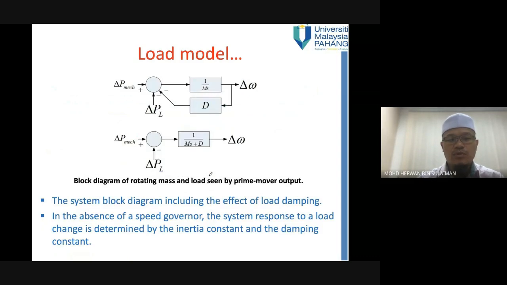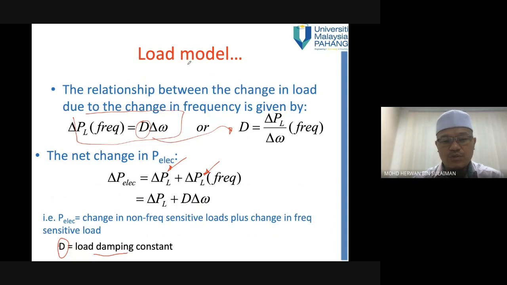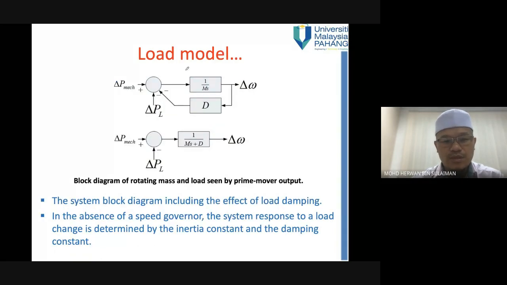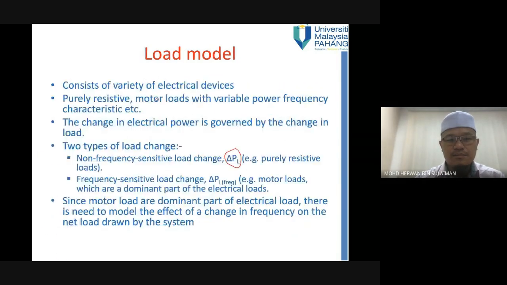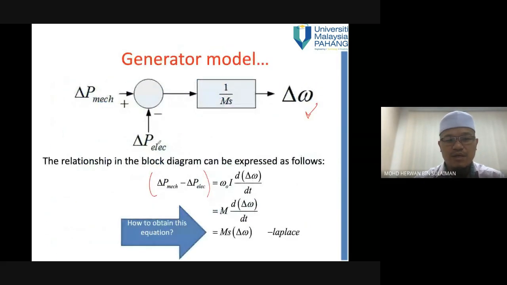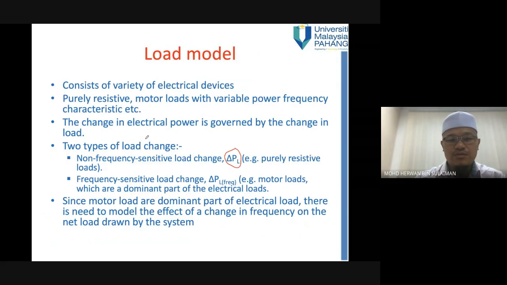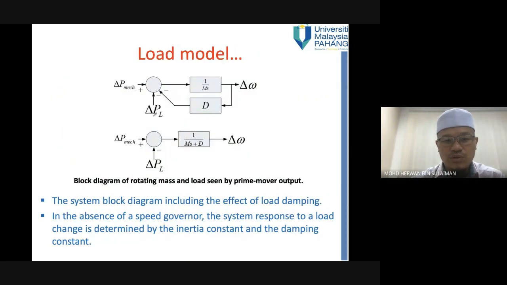Okay. So when we want to do the model, from this equation, similarly we have delta Pmech and delta PL. Here we have delta Pmech and delta Pelect. So this is your generation, and this one is your load. This one you have a load change here. Since our system is 1 over Ms, plus this one you have a feedback.